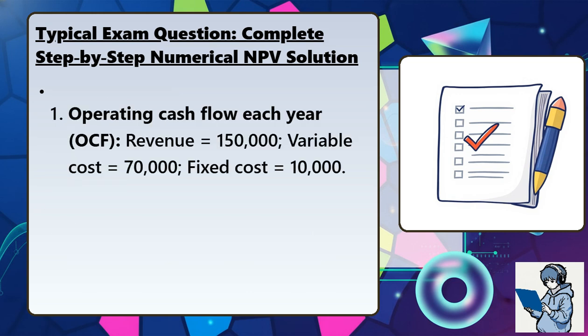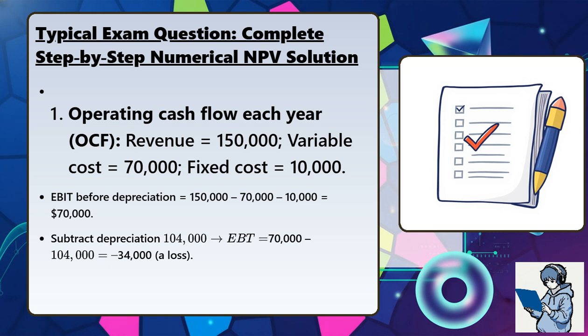Step 2, operating cash flow each year: revenue $150,000, variable cost $70,000, fixed cost $10,000. Earnings before interest and taxes before depreciation equals $150,000 minus $70,000 minus $10,000, which is $70,000. Subtract depreciation $104,000 gives earnings before tax negative $34,000, a loss.